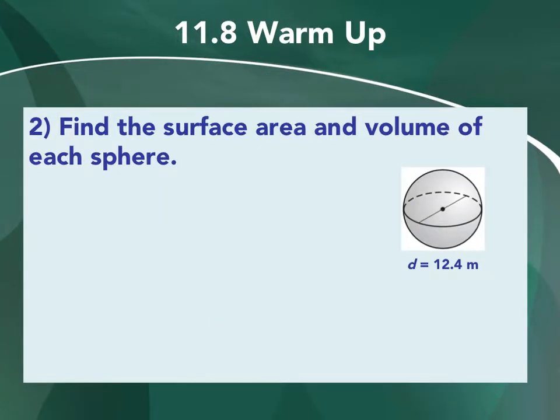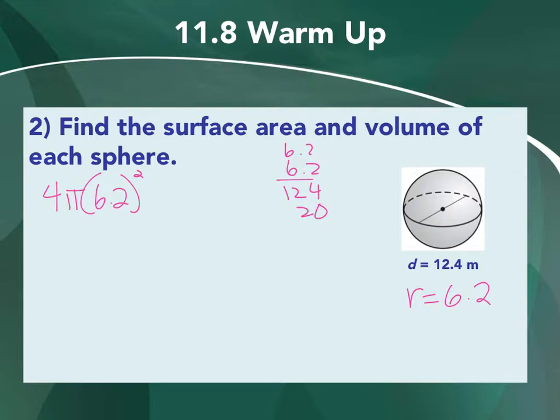All right, surface area and volume of the sphere. Now you're given that the diameter is 12.4. So what happens if I have to cut this in half? 6.2, that's my radius. So 4 times pi times 6.2 squared. 6.2 times 6.2, and then that would get decimal moved 2 places. 4 times pi times 38.44.